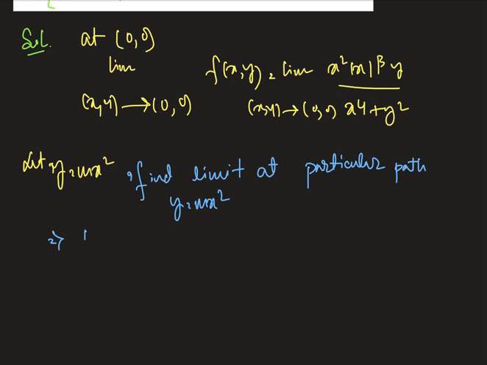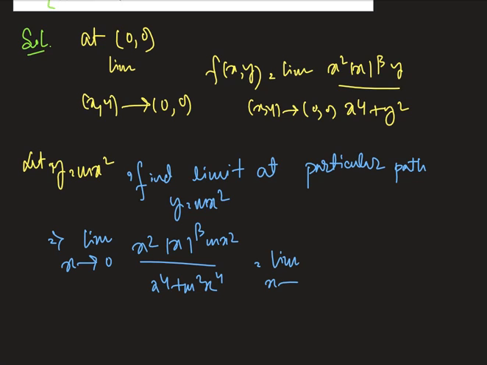Therefore, this implies the limit as x tends to 0 of x squared modulus of x to the power beta m x squared divided by x to the power 4 plus m squared x to the power 4 equals the limit as x tends to 0 of modulus of x to the power beta multiplied by m divided by 1 plus m squared.